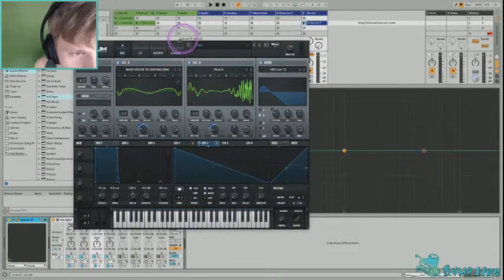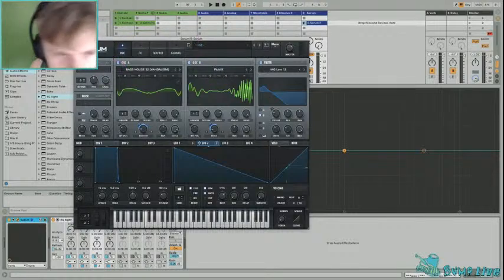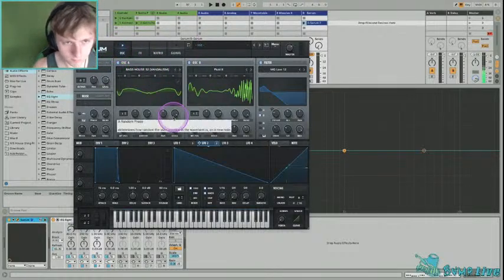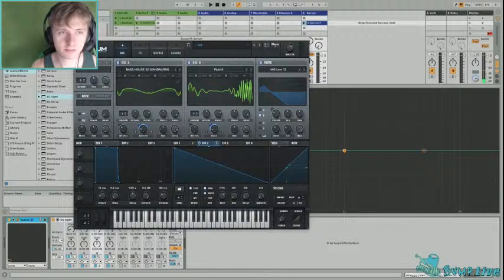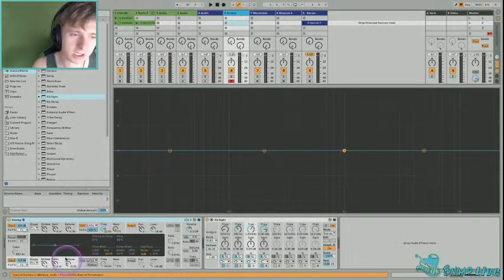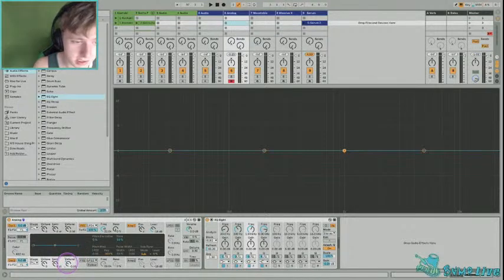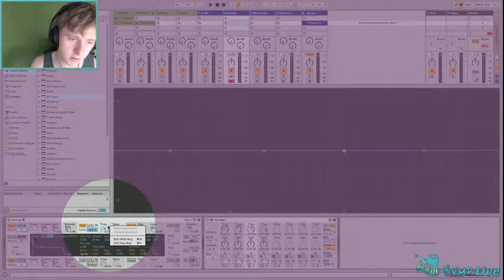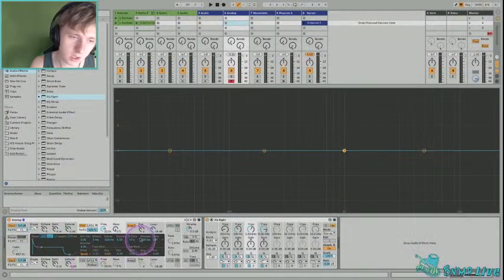let's take a note. Let's see. So we have this angry bee sound that we made by just detuning a couple of oscillators. And then next to that we have filters, right? So filter 1, filter 2, and then amp 1 and amp 2.